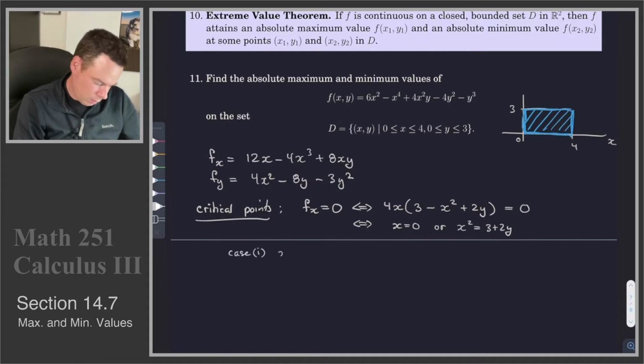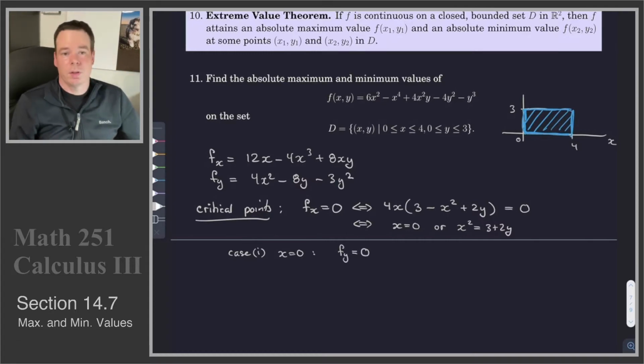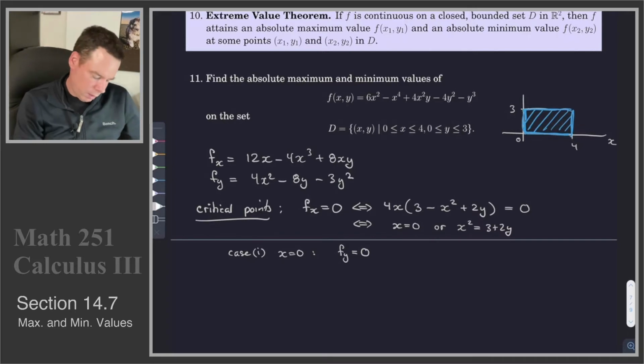Case 1, when x is 0. Since we're looking for a critical point, we also want to solve f sub y equal to 0. So I'm just going to look at the case. The reason f sub x is 0 was because x is 0. So now we're going to look at what makes f sub y 0. Well, f sub y is given by 4x squared minus 8y minus 3y squared is equal to 0. But since x is 0, that's going to be 0.